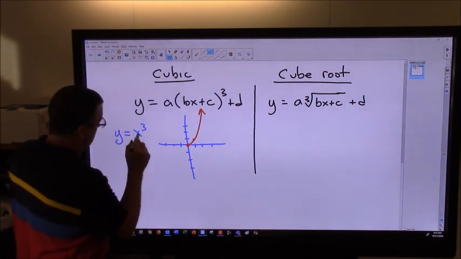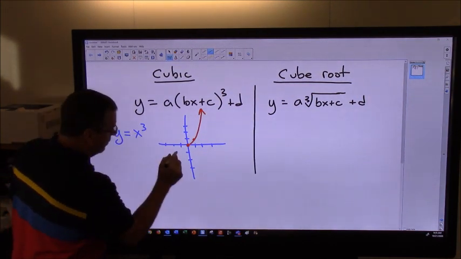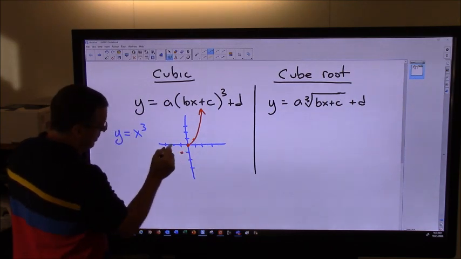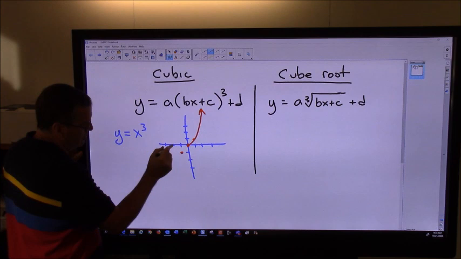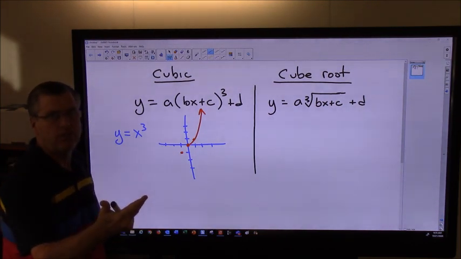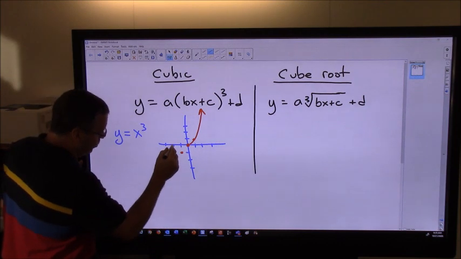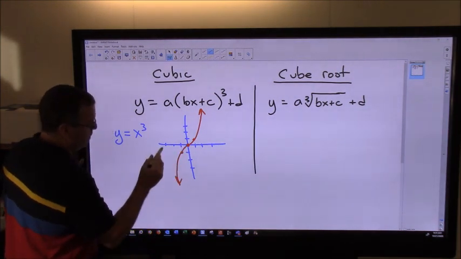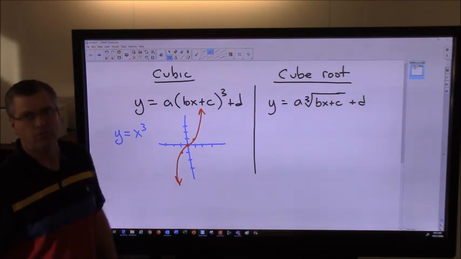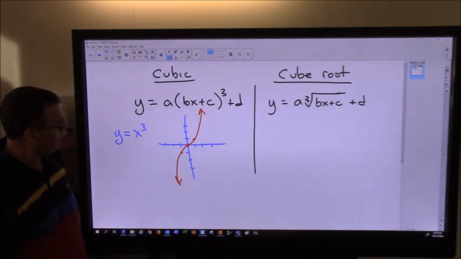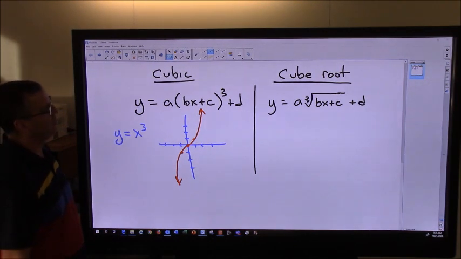So if I plug in a negative 1, I get negative 1. And so that would be this point right here. If I plug in a negative 2, negative 2 times a negative 2 times a negative 2, that would be negative 8. So again, we're way down here somewhere. And if I plug in a negative 3, cubed would be a negative 27. So way down, all right? So there's my parent function.